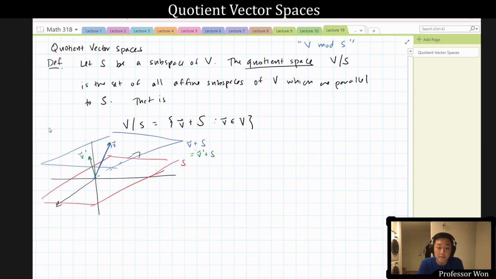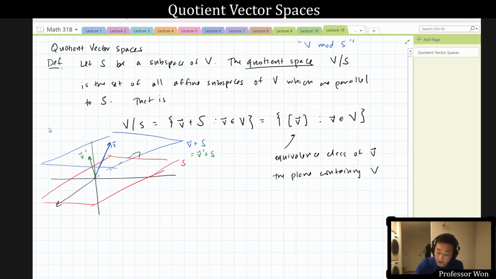There are different ways to write it, but they both consist of all of the integers 1, 6, 11, 16, -4, -9, etc. Okay, so another way to write this is the set of all equivalence classes of V, where V is in V. Here the equivalence class of V means the entire affine space parallel to S containing V. In the picture, it's the plane containing V. In general, it will be the affine subspace containing V that's parallel to S.